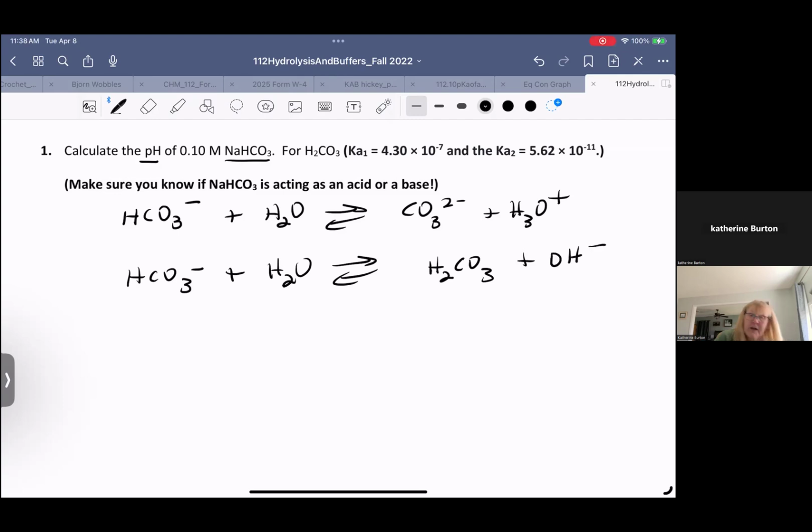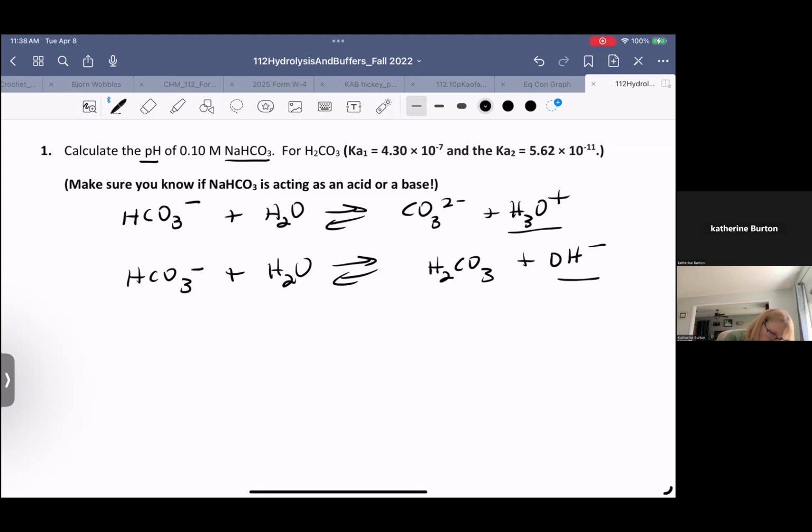Now, it is your job from your data to figure out which one it is doing. You're going to be able to tell that from your pH. So I'll let you look at your pHs and determine which one you have, with a note on which K you use.